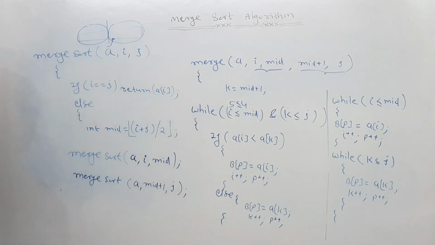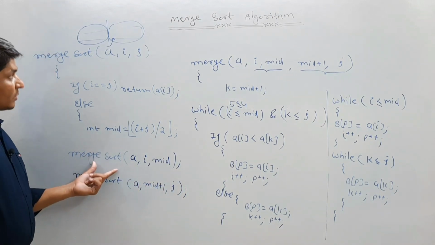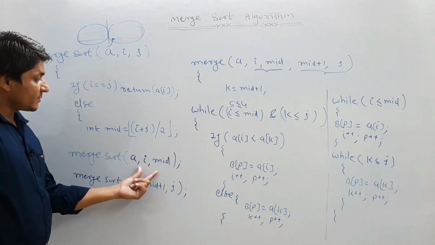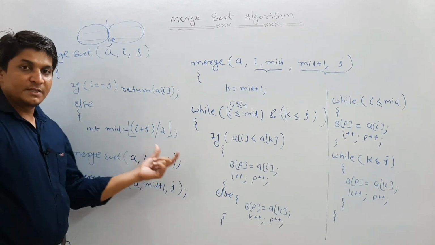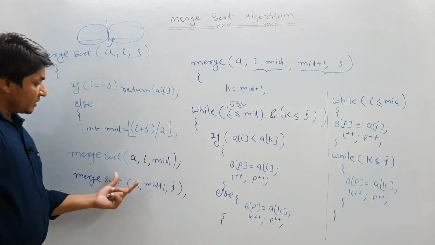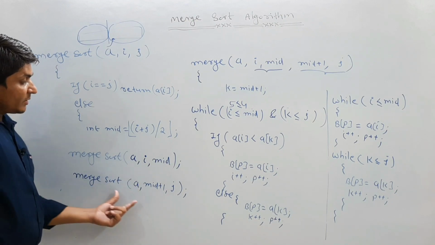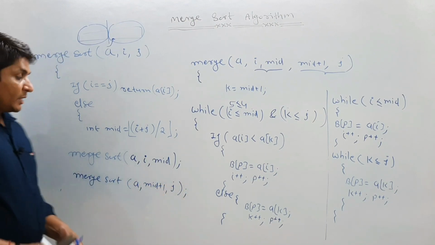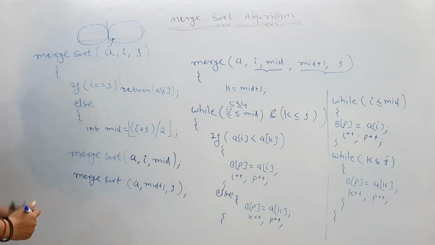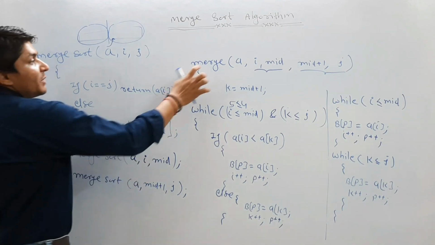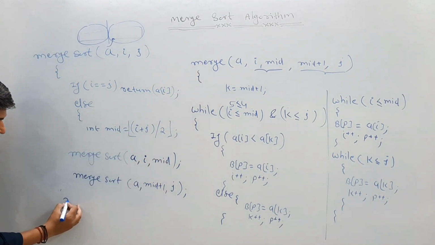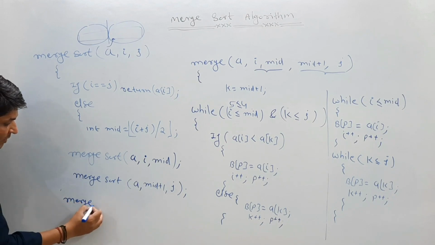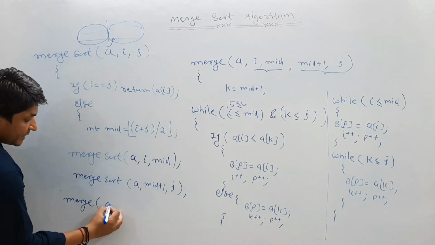Now let's suppose you are calling merge sort on the left hand side, and this function will give you one sorted subarray. This is also merge sort, and it will give you another sorted subarray. Then you can simply merge these two sorted subarrays. For that you need to call the merge procedure. A is the array.